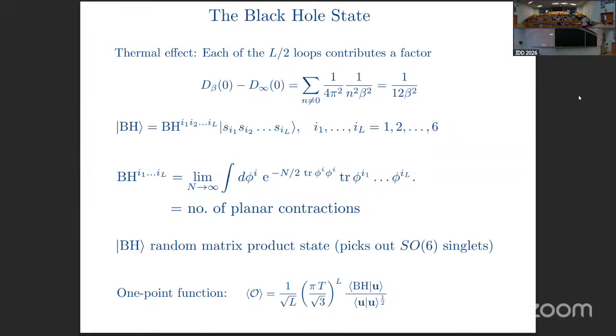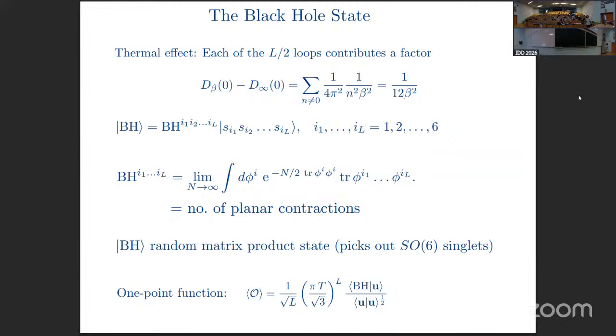Then you have a Gaussian interaction here, which takes care of the contractions, and here is the trace which corresponds to the operator. So my black hole state is simply this sum over spin configurations where the coefficients are given by a matrix integral. So you can say that also in this case, the black hole state is a matrix product state, but in this case it's a random matrix product state.